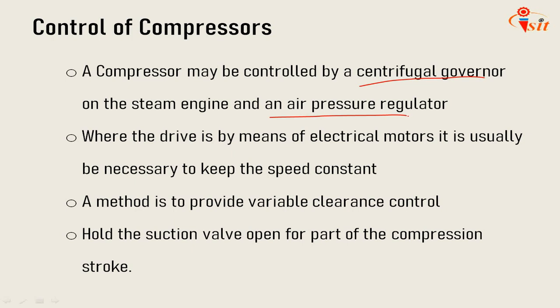The control consists in an adjustment of the speed to suit the load. The mechanism operates either the steam throttle or varies the cutoff. This is suitable where the prime mover may be run at reduced speeds without too great a drop in efficiency.